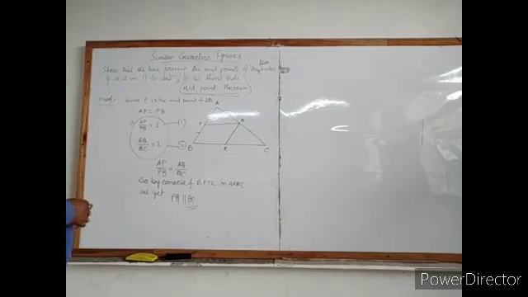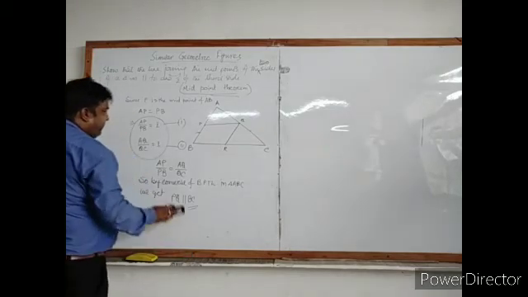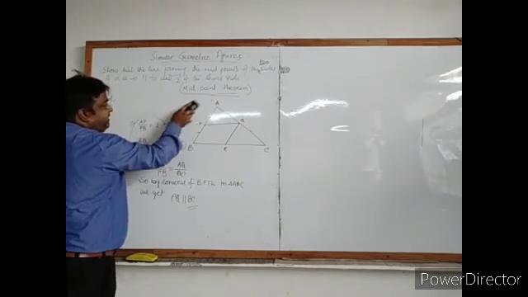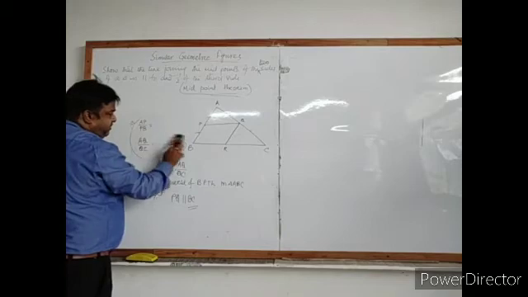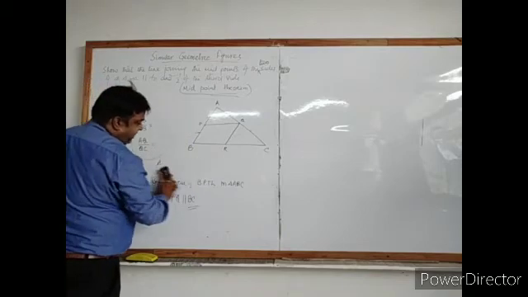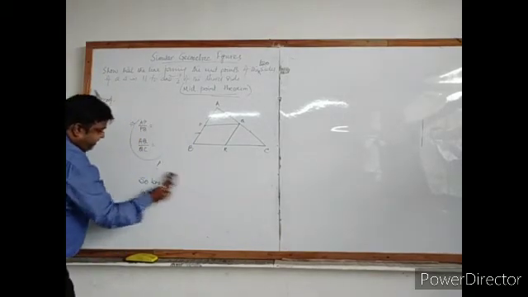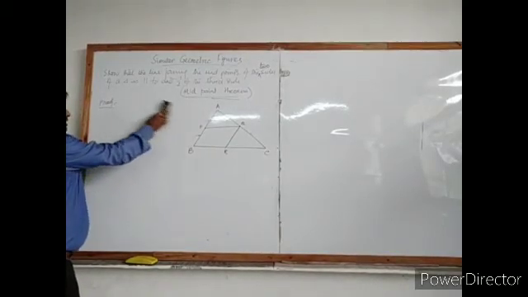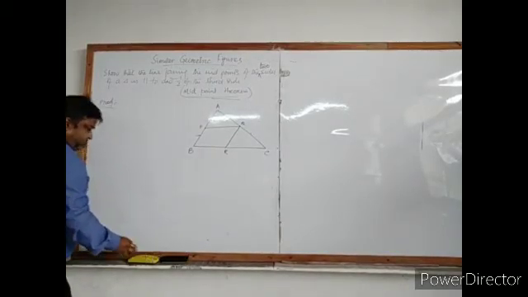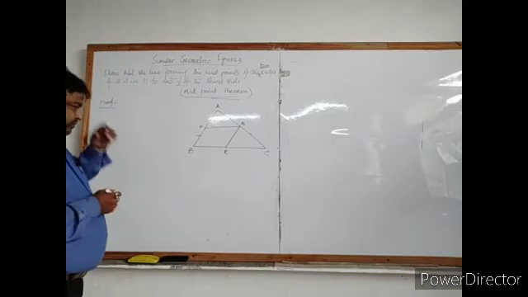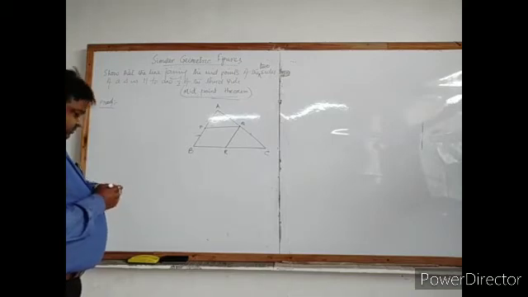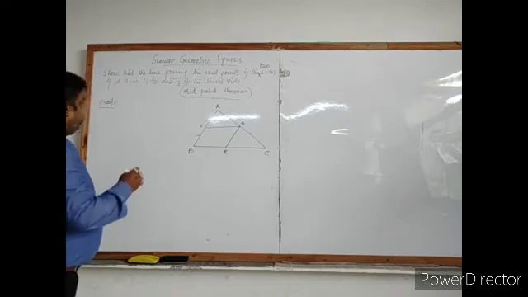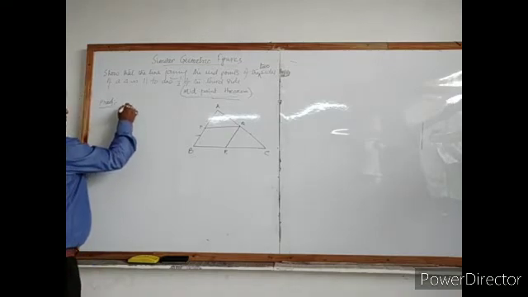Now for the second part, as I said, we have done this construction, and now we are going to apply the congruency. Before congruency, we have already proved PQ parallel to BC.